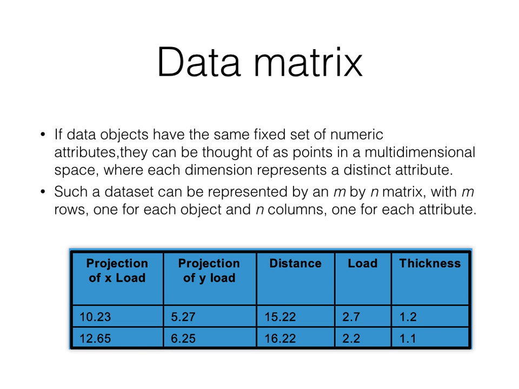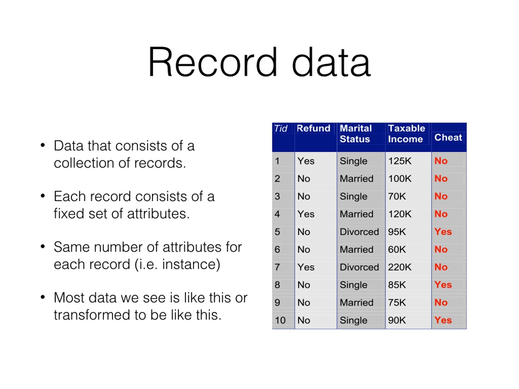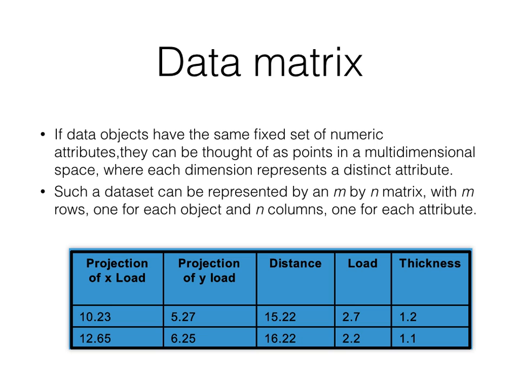We can have matrix data, which is essentially the same as record data, except that we only have numbers in there. That's quite useful because then we can deal with it using matrix mathematics. And we can think of the data in there as being points in some multidimensional space.